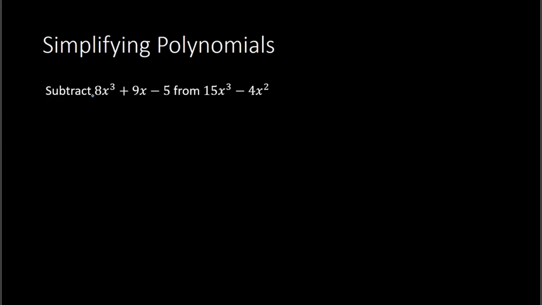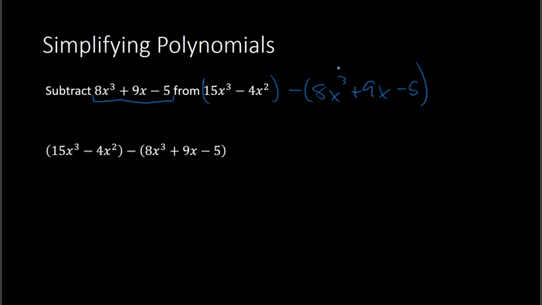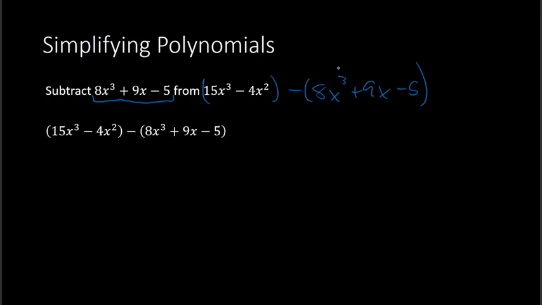You're subtracting this from 15x cubed minus 4x squared. So if you're subtracting this, that means you take the 15x cubed minus 4x squared and subtract 8x cubed plus 9x minus 5. So the temptation might be to do it the other way. So just be careful, and that would be your setup.